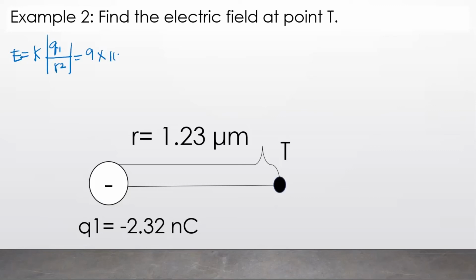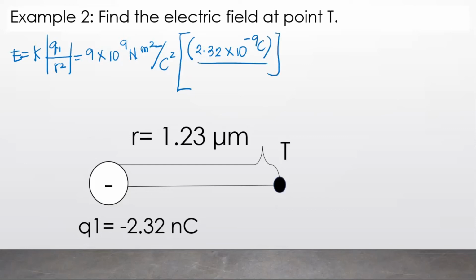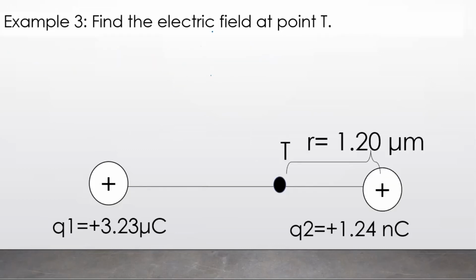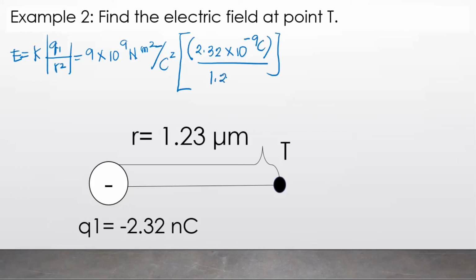So we have 9 times 10 raised to 9 newton meter squared per coulomb squared, times the value of Q, 2.32 times 10 raised to negative 9 coulomb, divided by R, which is 1.23 times 10 raised to negative 6 meters squared. You can try this on your own.